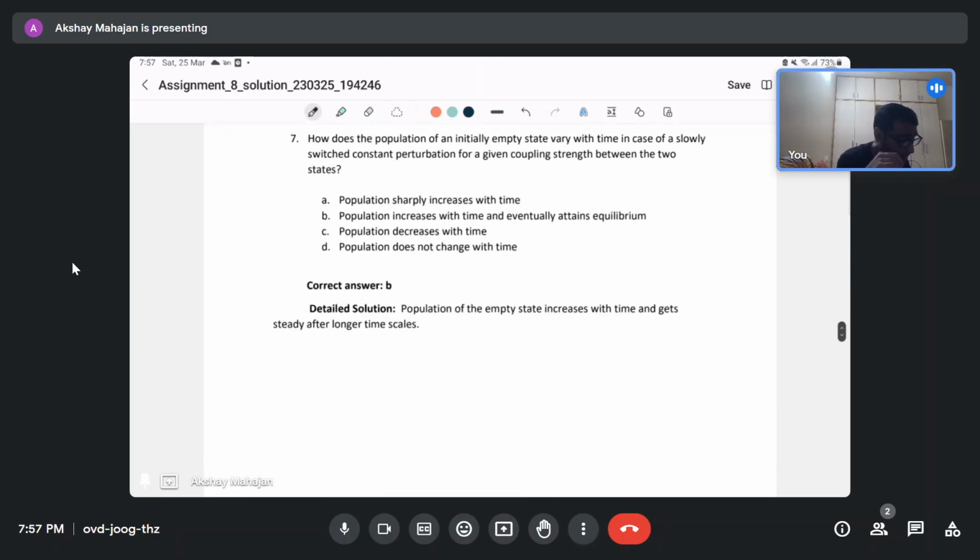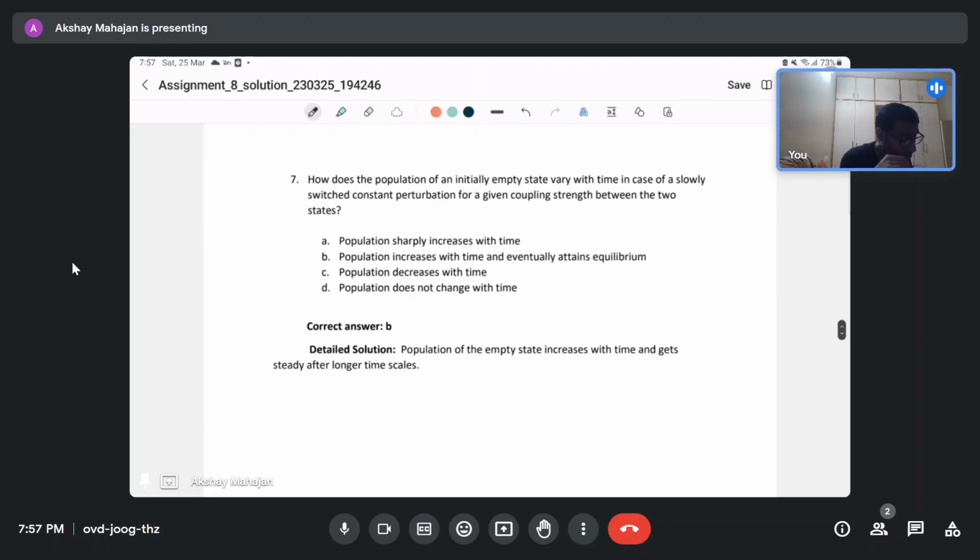Okay, problem number 7. How does the population of an initially empty state vary with time in case of a slowly switched constant perturbation for a given coupling strength between the two states?